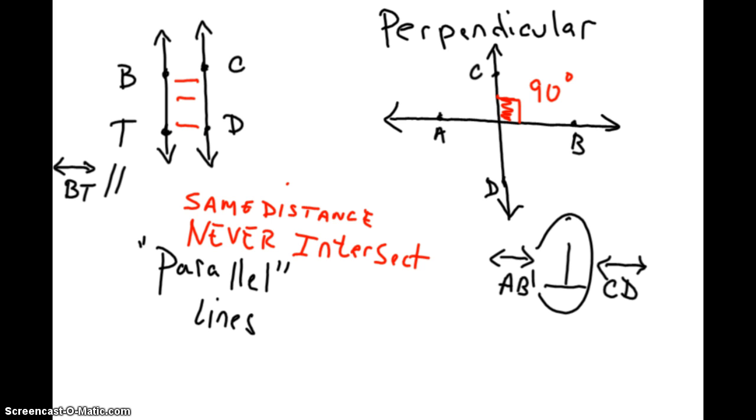Very simple to remember, to line CD. And that's the symbol for parallel. Then we have perpendicular lines. I'll write it again by itself. It looks like basically two lines intersecting at a right angle. That is the symbol for perpendicular lines.